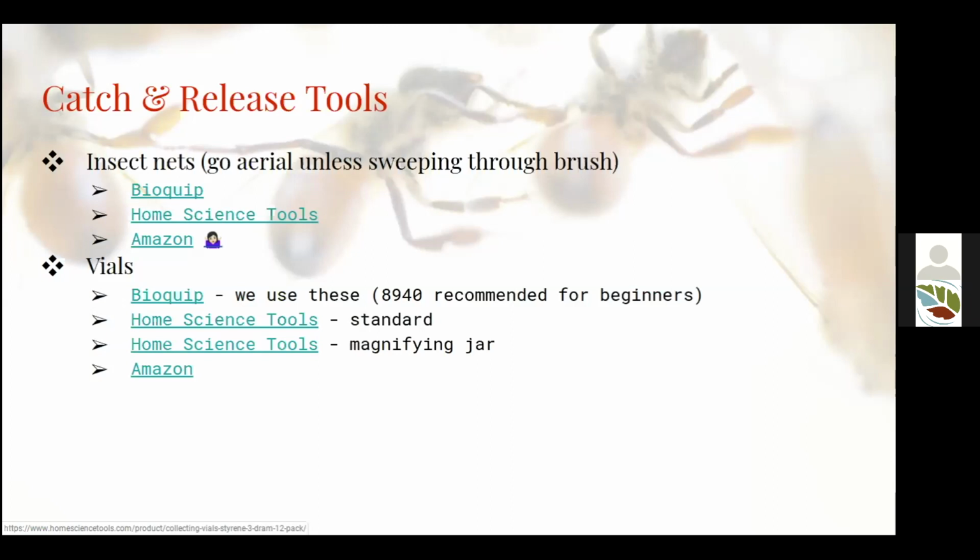So if you are going to be sweeping your nets through brush or through brambles, you'll need something that's a little bit more heavy so that it doesn't become damaged. And those would be termed sweep nets. And generally, I only recommend using those for large scale collections, and usually through brush or in areas where you wouldn't expect to have stinging insects, because you're kind of flying blind as you're going in to put your vial in.